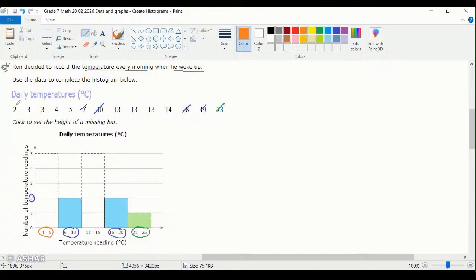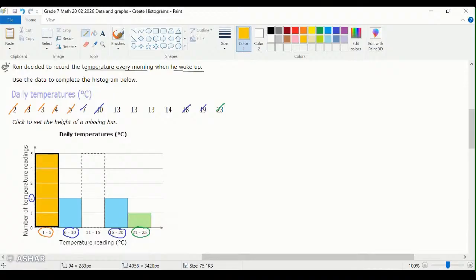So what we can say over here is, for the temperature range between 1 and 5, how many values did we have? 1, 2, 3, 4, 5. That means the height of the bar would be 5. There were 5 readings which gave a temperature between 1 degree and 5 degrees. Agreed?